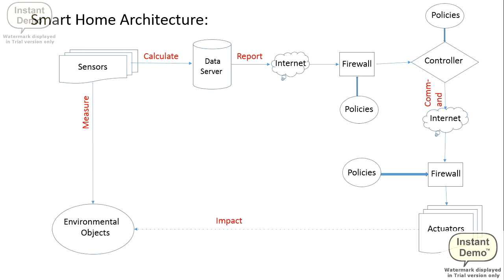So for measuring a component of the environment, there may be many sensors. That means two or more sensors can measure the temperature.